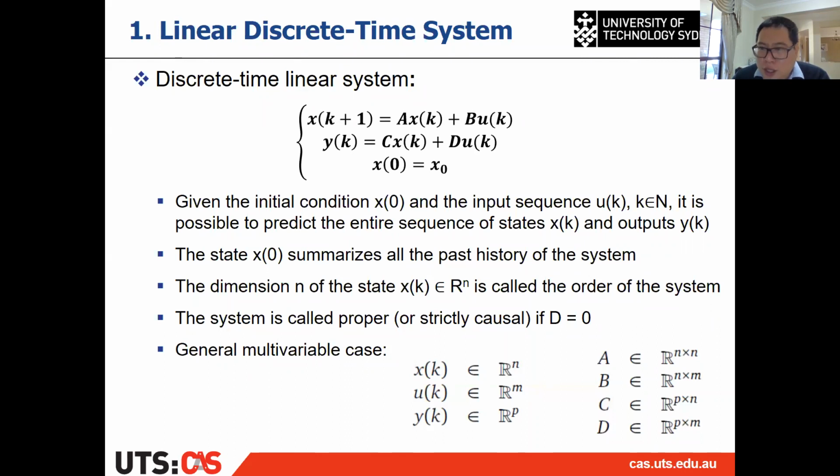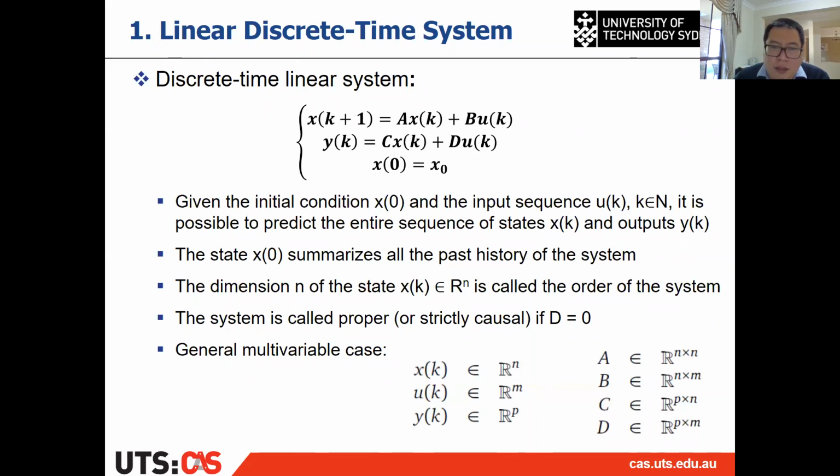The initial state x0 can be a natural starting point, or it can be any starting point that you want to consider as an initial state.